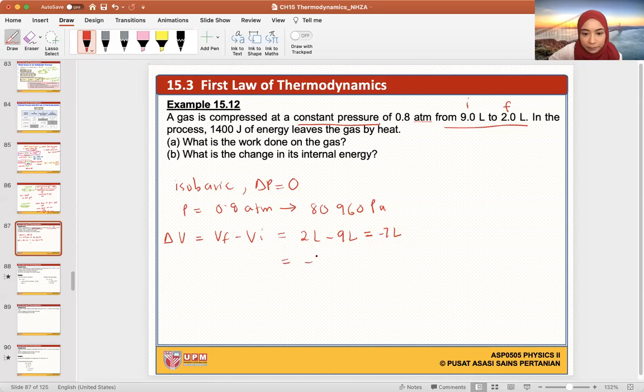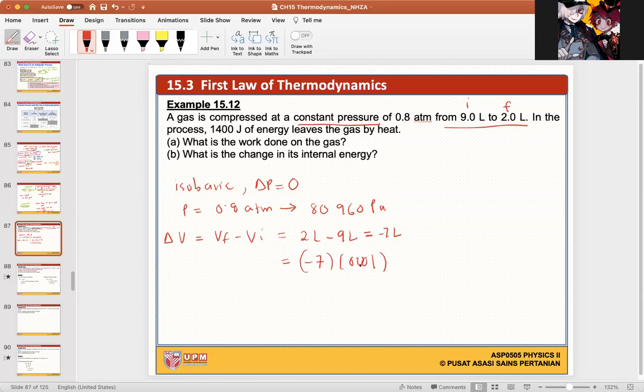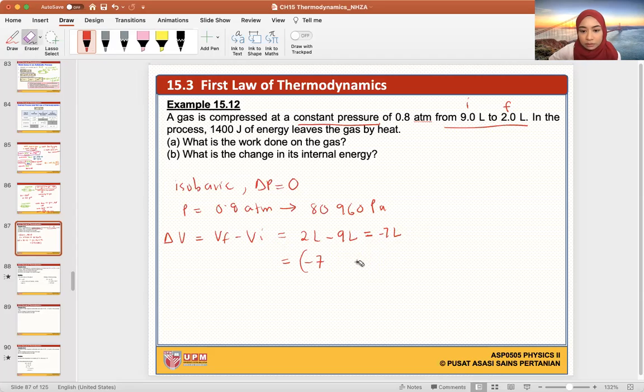Let's try minus 7 times 0.001. Is that right, Umar? So it's times 0.001, or we can do it this way, divided by 1000 meter cubed, the other way around.